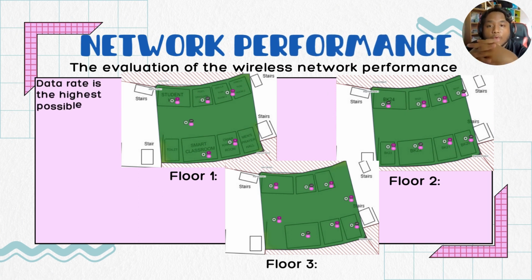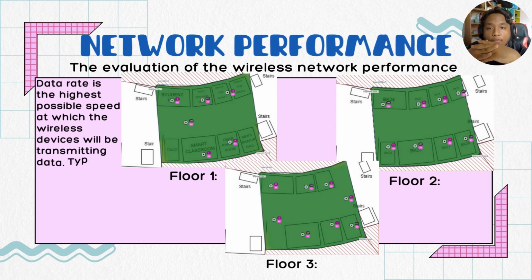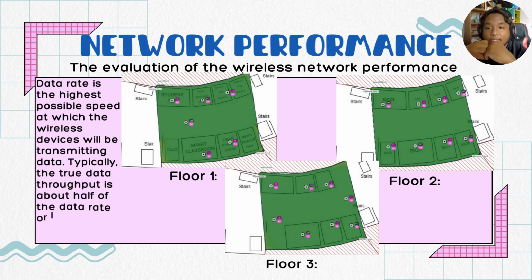Okay, now this is the throughput section, the evaluation of wireless network performance. The data rate is the highest possible speed at which the wireless devices will be transmitting data. Typically, the true data throughput is about half of the data rate or less. So here we can see floor 1, floor 2, and floor 3. So for floor 1, it's optimal.